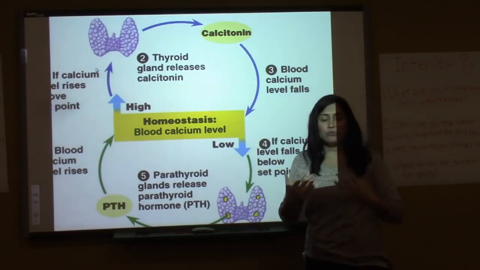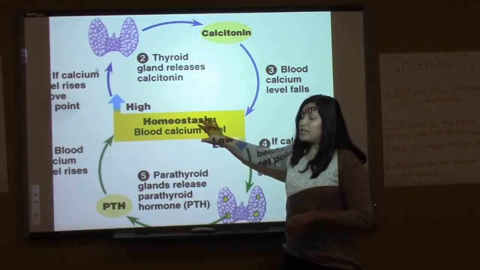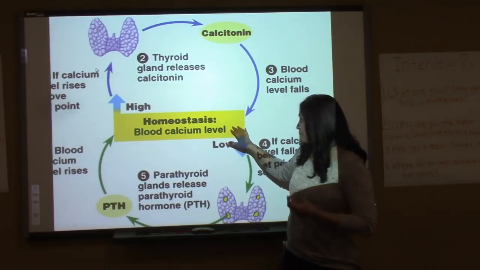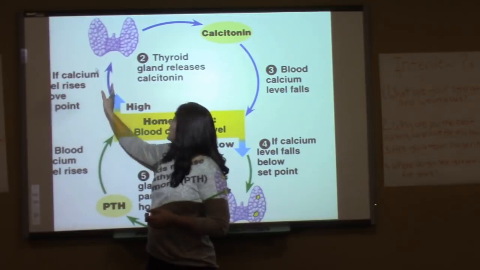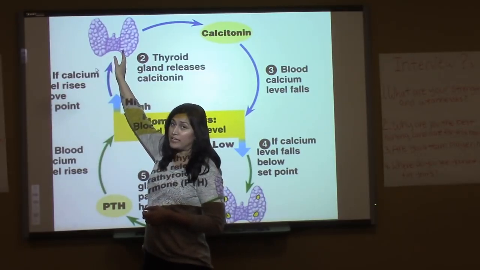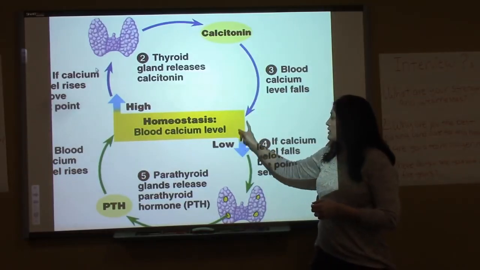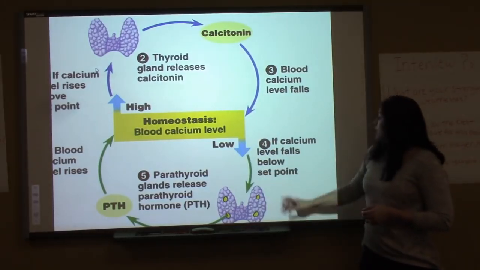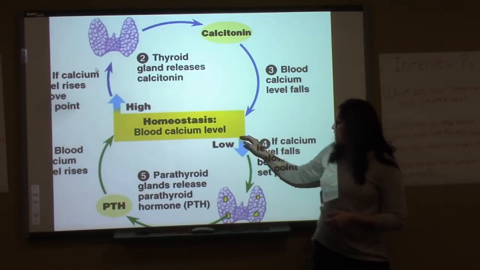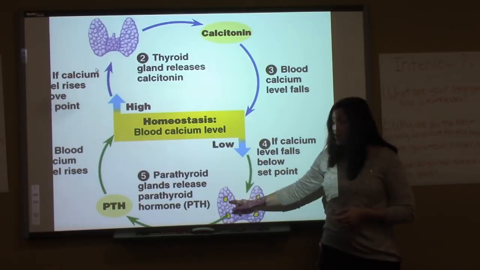So now we're going to see how these two hormones function. Right here is a homeostasis for calcium. Anytime your calcium levels increase, it stimulates your thyroid gland. In turn, your thyroid gland releases calcitonin. Calcitonin brings your calcium levels back down to homeostasis. Now, another situation: anytime your calcium levels start to fall, it will stimulate your parathyroid gland.